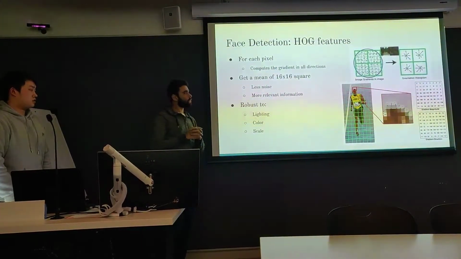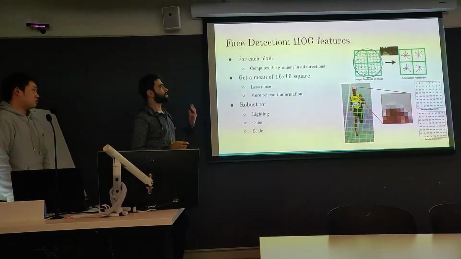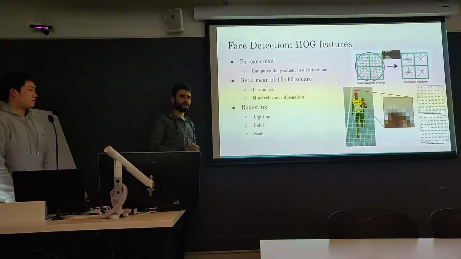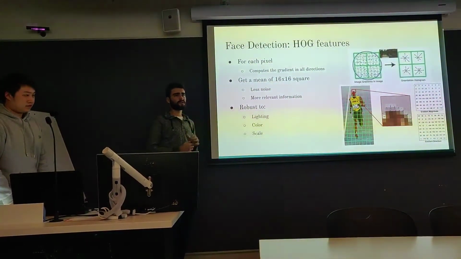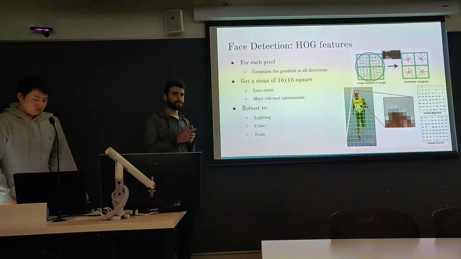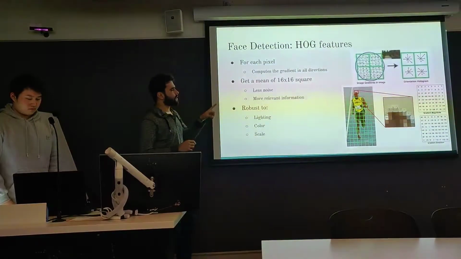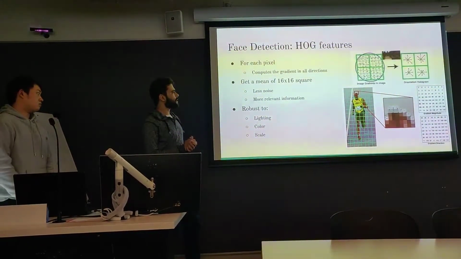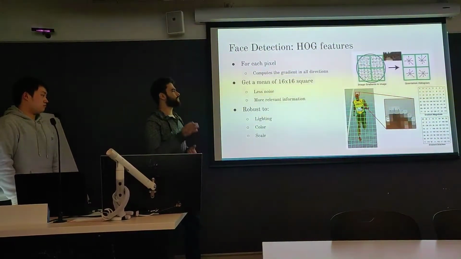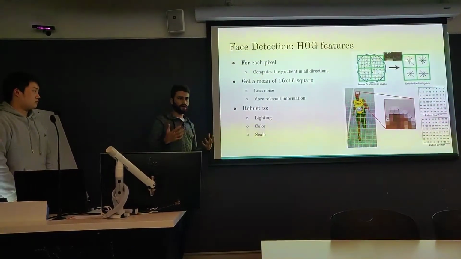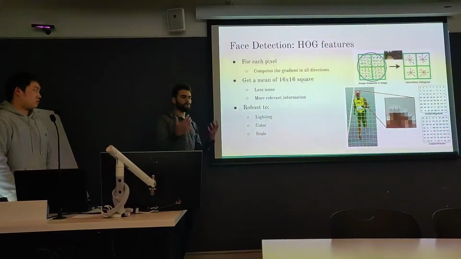So what we did is use HOG features, histogram of oriented gradients. As we've seen in class, what this does is for each pixel, we compute a gradient of all the surrounding pixels, so we know where the image is getting darker or brighter. But once we get all this information from every single pixel, we don't actually gather a complete overview of the image.